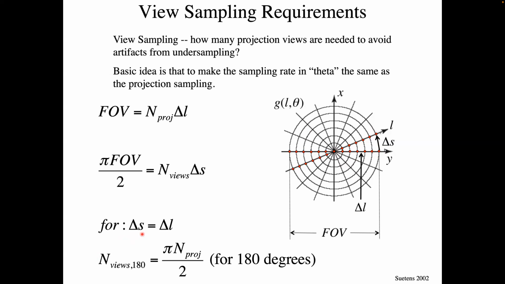So you set delta S equal to delta L, and then it gives you a formula basically for the number of views you need for that field of view.